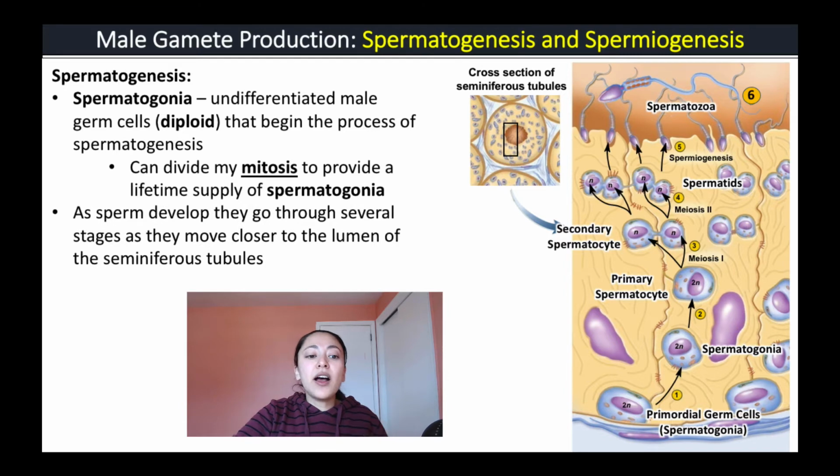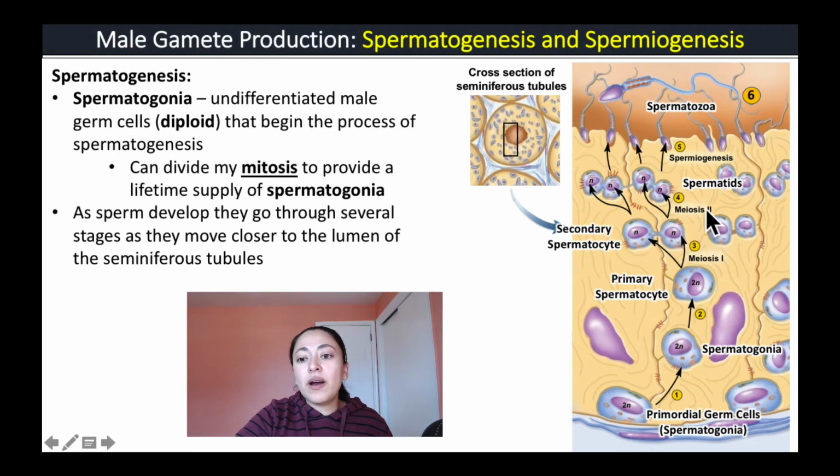And the developing sperm, as they go through the several stages of development, will move towards the lumen of the seminiferous tubules. And you can see that the spermatogonia produce primary spermatocytes. These primary spermatocytes are going to undergo meiosis 1, the first round of meiosis, and produce secondary spermatocytes.